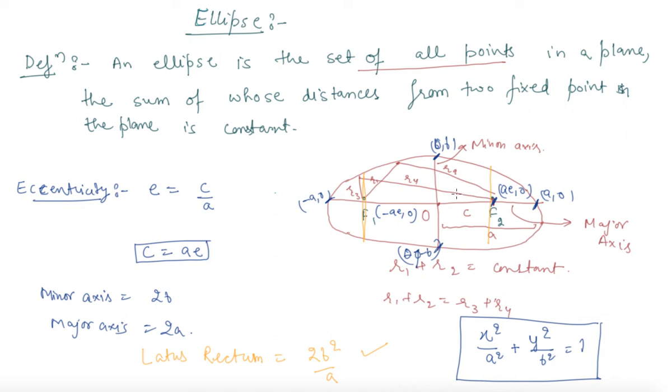And from the relation of Pythagoras you can say that a square is equal to b square plus c square. Putting the value c equal to ae, you will get a relation between c and b and e also. Okay, so this is all about the ellipse.